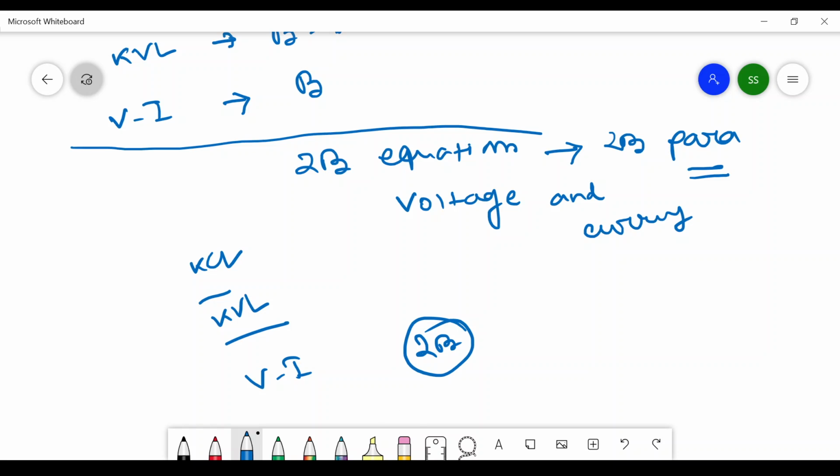I hope it is clear what the main reason and main goal of circuit analysis is. Thanks.